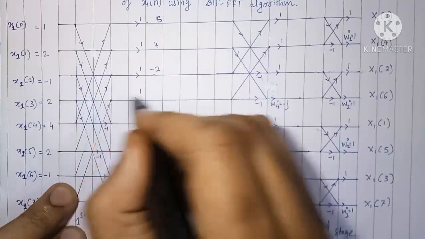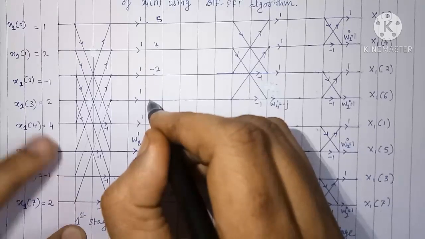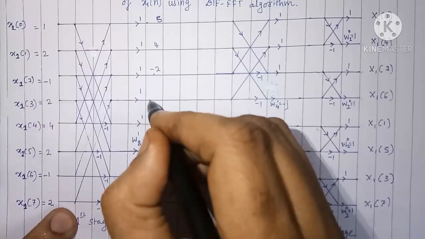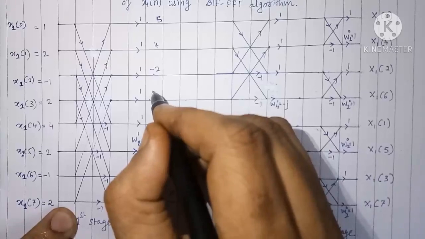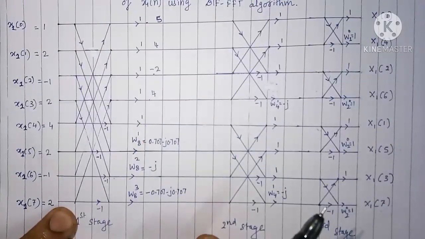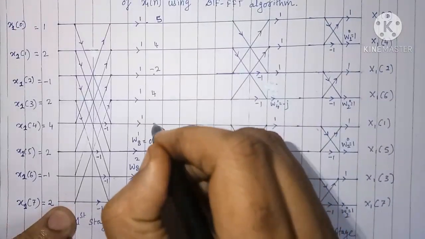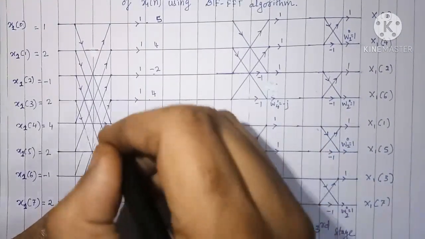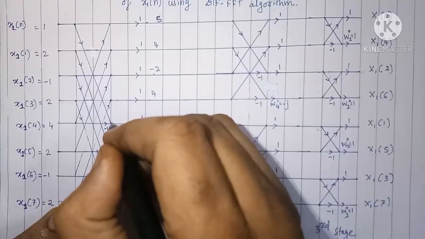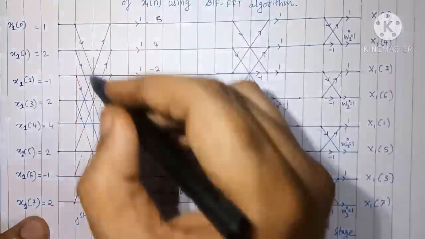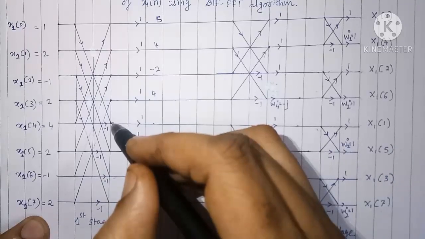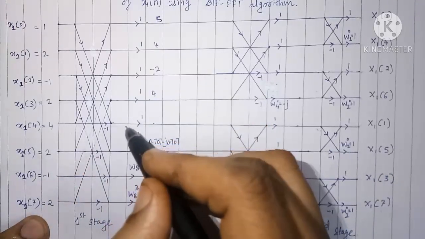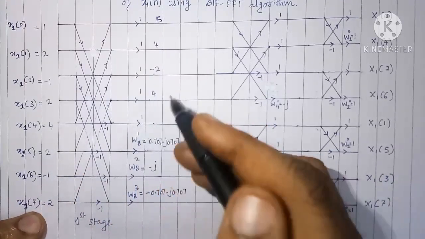And at the fourth point here we will be getting 2 plus 2 into 1 is 4. At this point we will be getting 1 minus 4, that is minus 3.